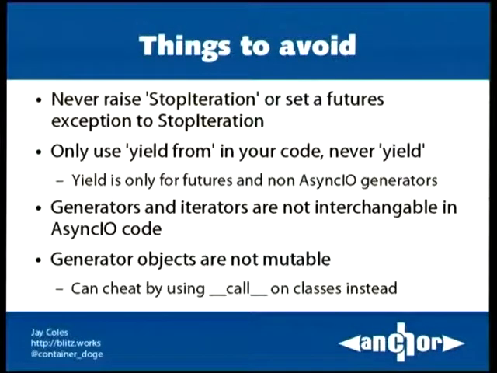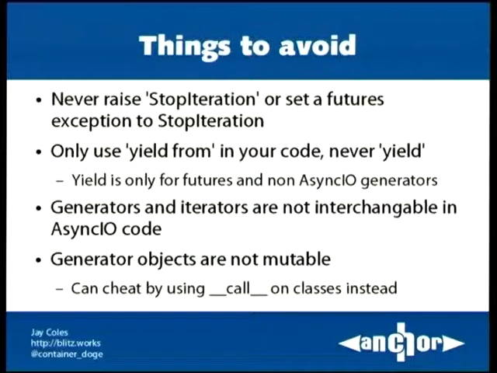I did learn a lot of horrible things. I was trying to do things that were not really the typical use case of asynchronous I/O, and you'll see a lot of them listed here. I was trying to make queue raise stop iteration for reasons I don't really want to go into. And the reason I won't go into them is because it's a bad idea. You really just don't want to do it.